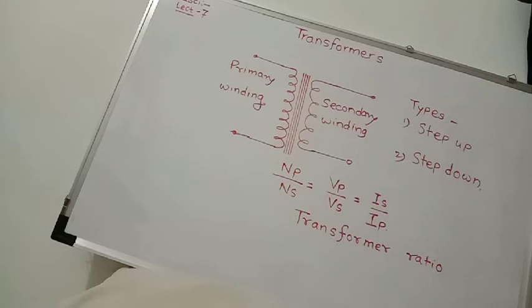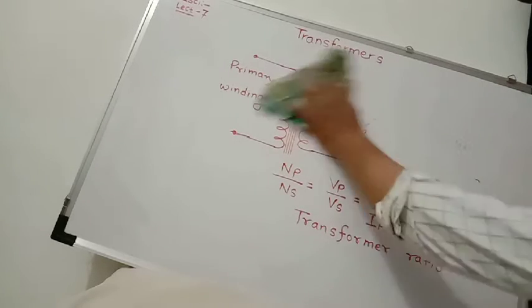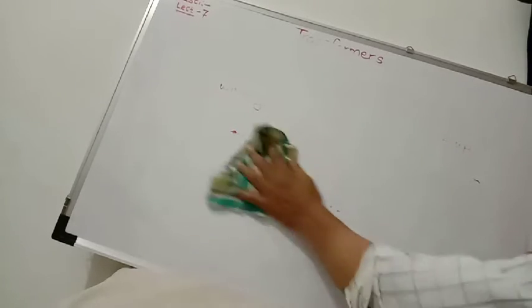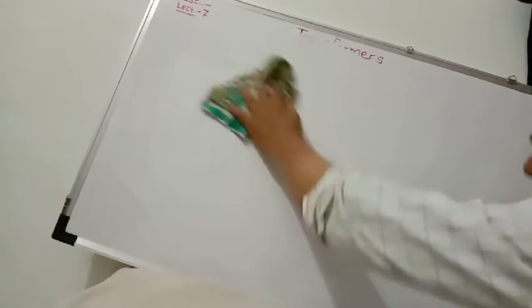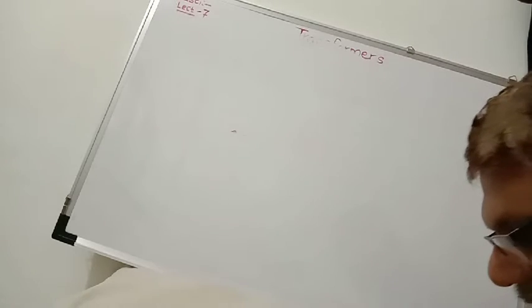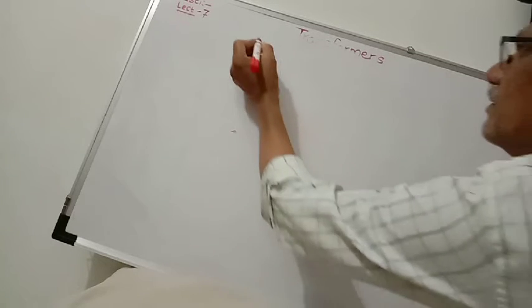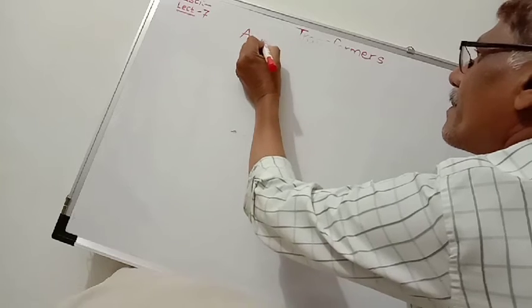Now let us see one example. A power transformer has 100 turns of primary.